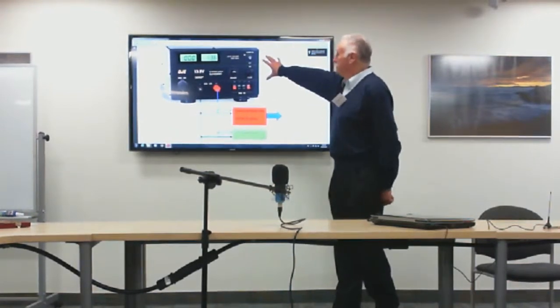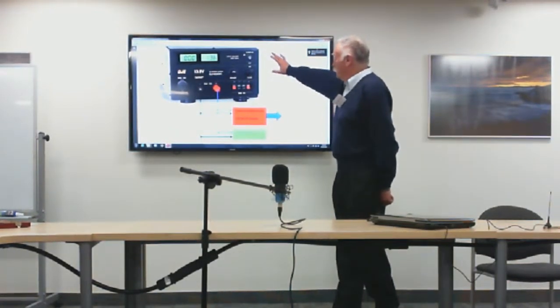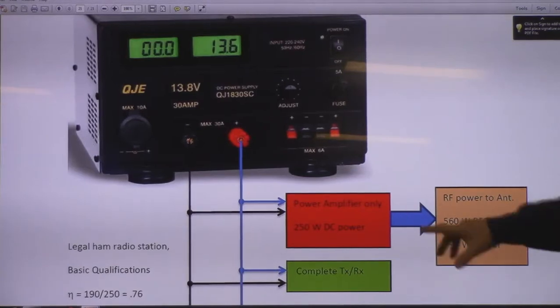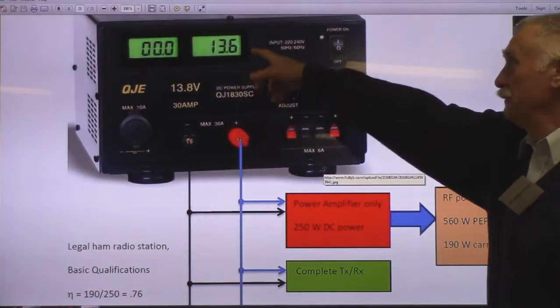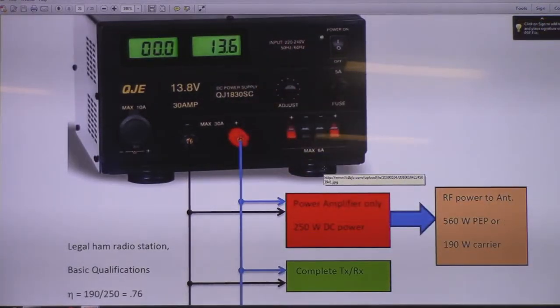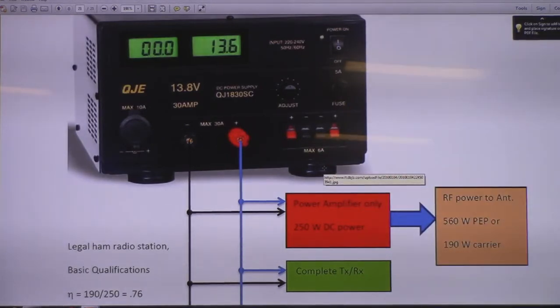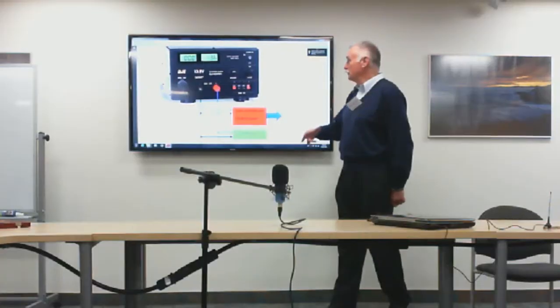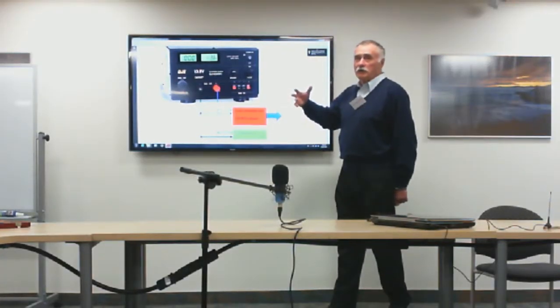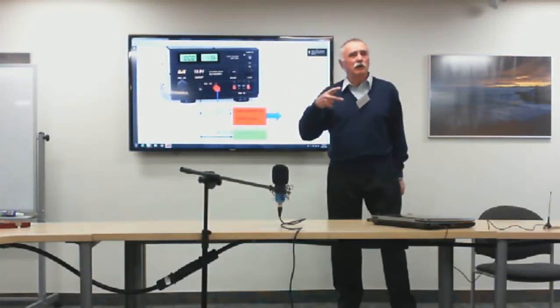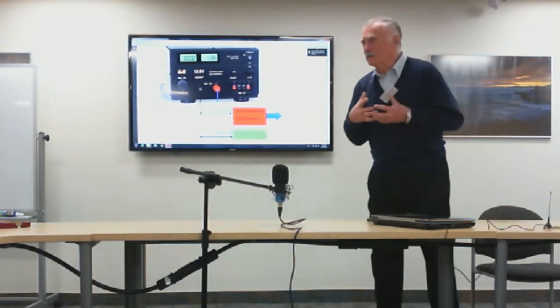To illustrate all this, here is a typical ham radio power supply. For a low power radio, this ham radio power supply, 13.6 volts or so, would feed some 20 amperes or in the neighborhood of that to the whole radio. Well, of those 20 amperes, not all of this power goes to the final.